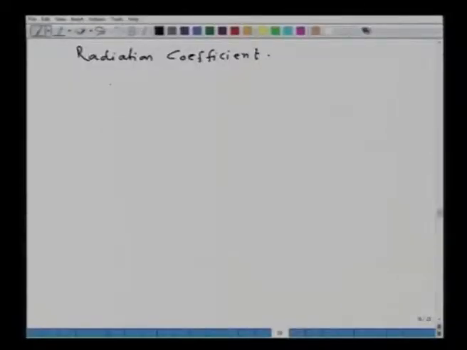So, we can straightaway write down Q, that is heat loss, equal to HR into A1 into T1 minus T2. Heat transfer by convection, we wrote Q is equal to HC into A into T1 minus T2. Here HR is the radiation heat transfer coefficient.